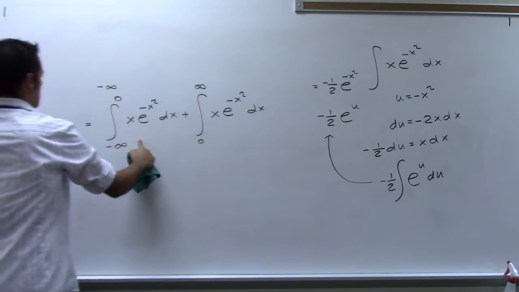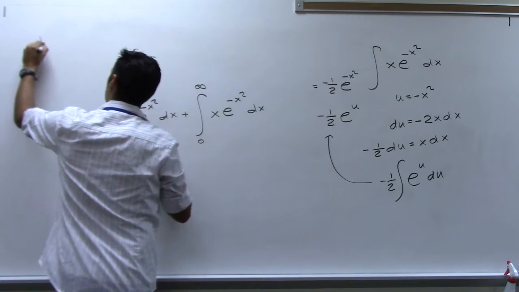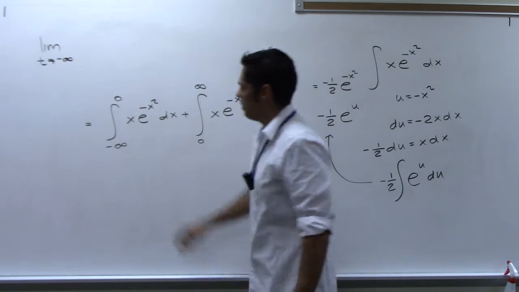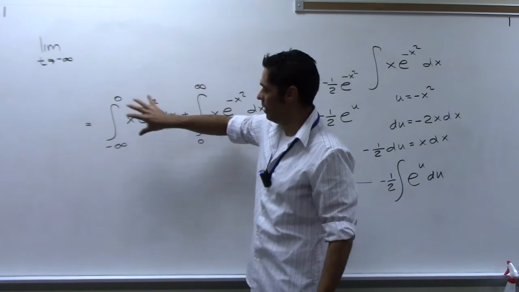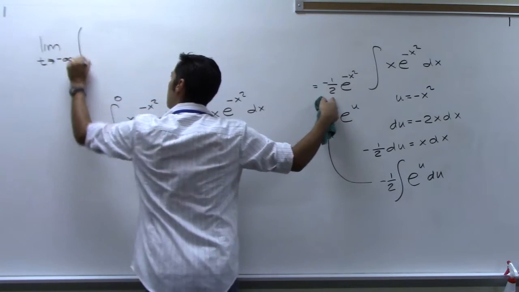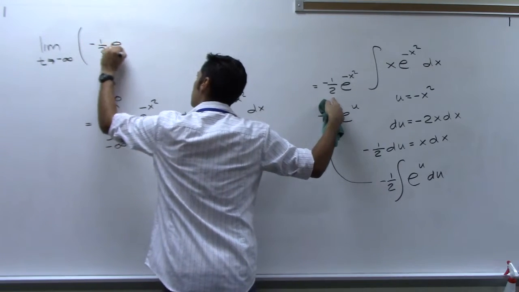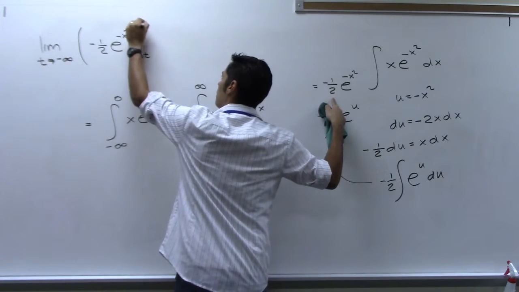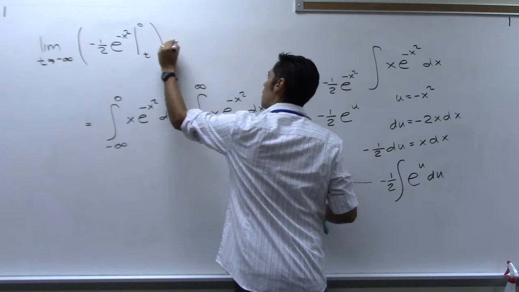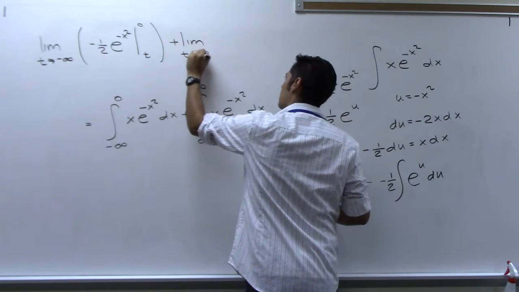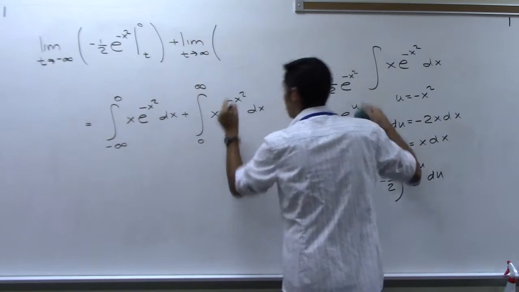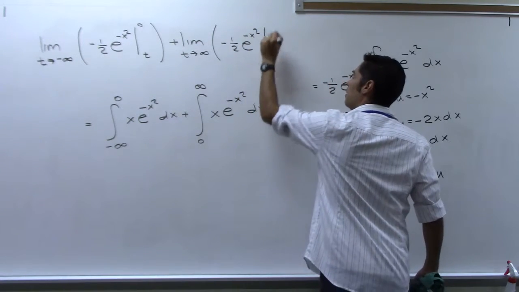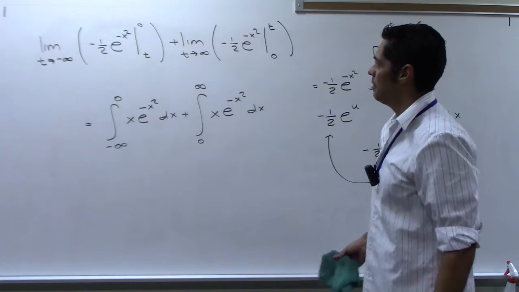We're going to have this first one, which will be the limit as t goes to negative infinity of the antiderivative of this, which is this, -1/2 e to the negative x squared, evaluated from negative infinity, which is my t, up to 0, and then plus another limit as t goes to positive infinity this time of the antiderivative of this, which is still this, evaluated this time from 0 to infinity, but infinity is my t. So that's it right there.